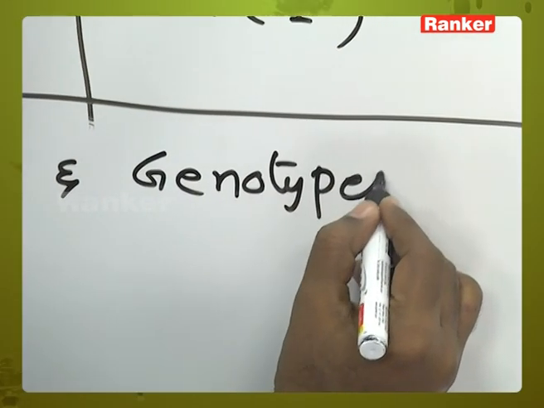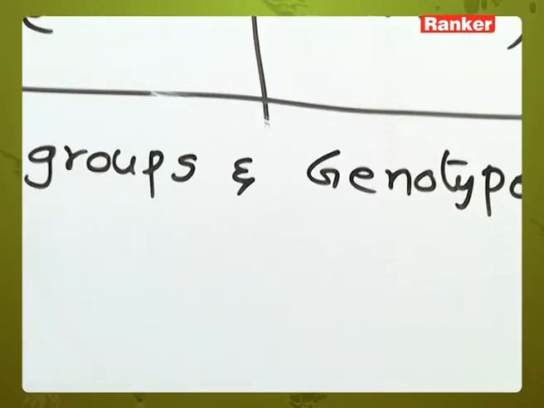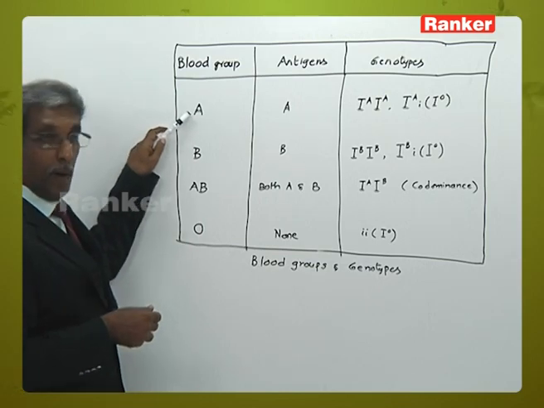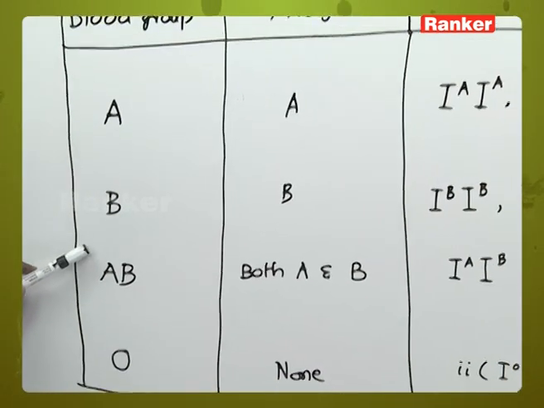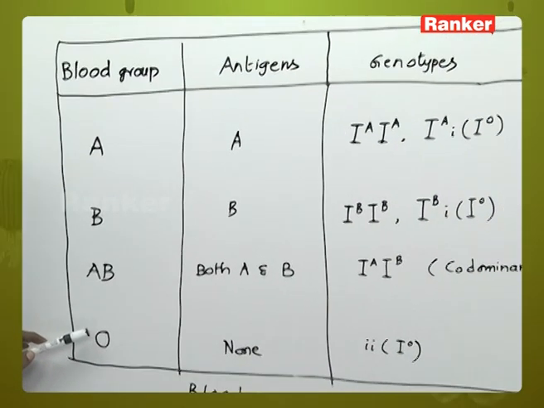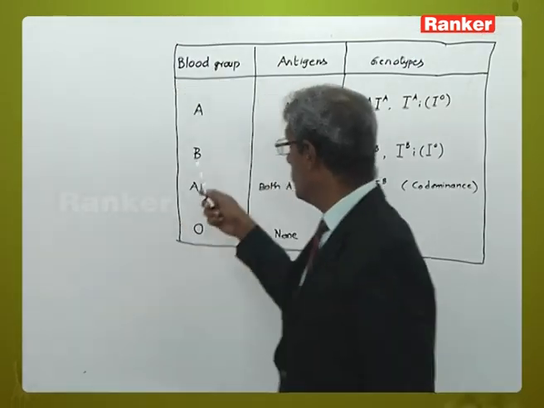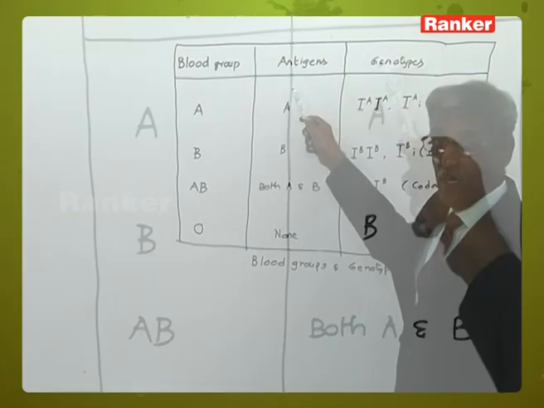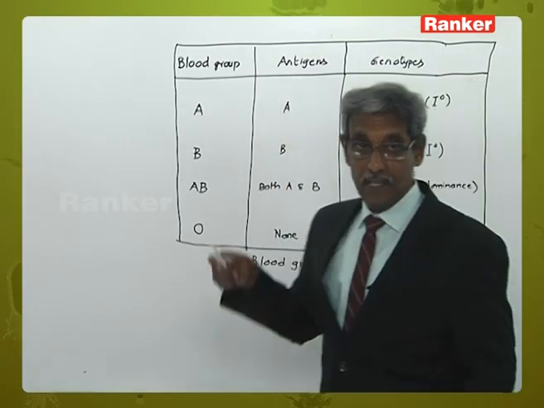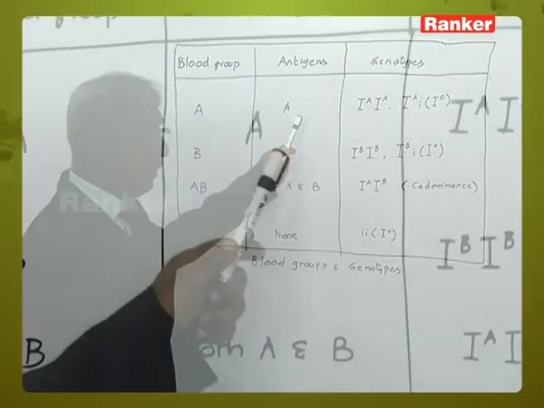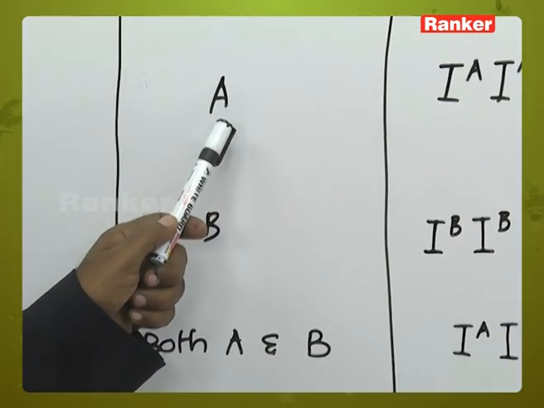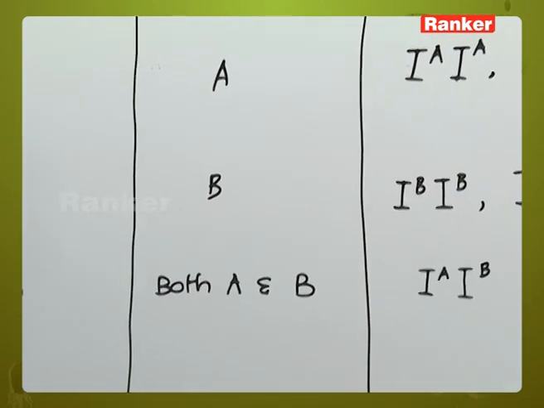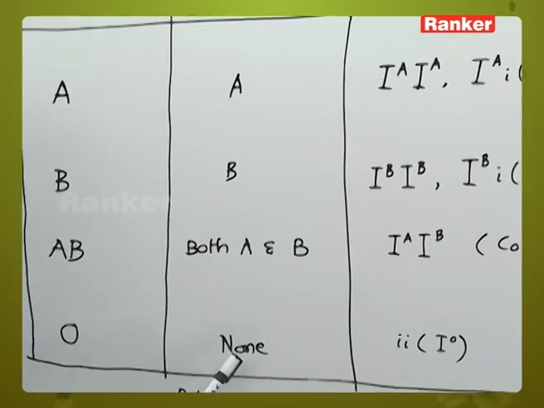As you understand from the table, the blood groups could be A or B or AB or O. Humans have A, B, AB and O. And the antigens, the foreign proteins present on the surface of the red blood corpuscles, could be A, could be B, could be both A and B, or in the case of blood group O, there are no antigens, there are none.